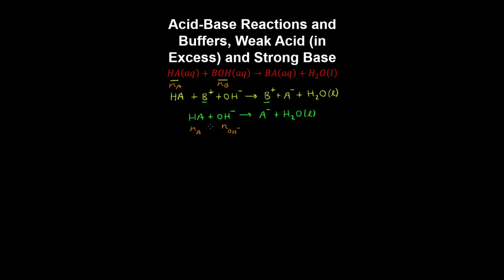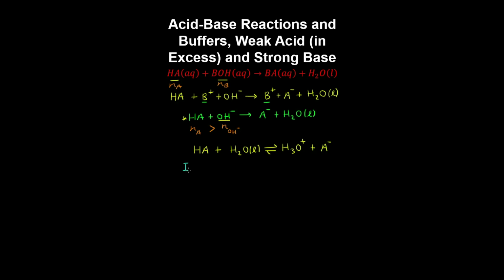And in this particular case, the weak acid is in excess, so all of the hydroxide reacts, and you're left over with some amount of the weak acid. And the remaining weak acid molecules donate a proton to water to yield hydronium and the conjugate base.